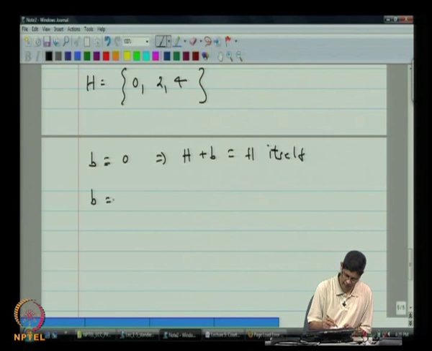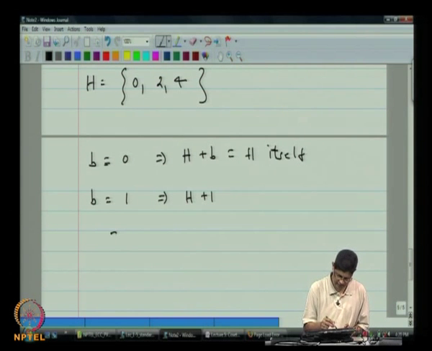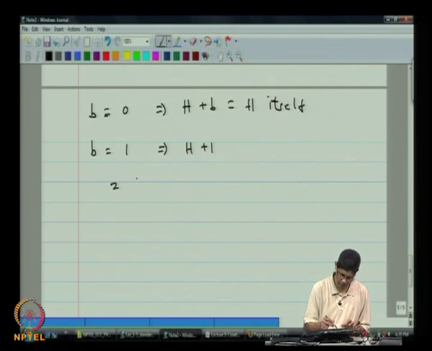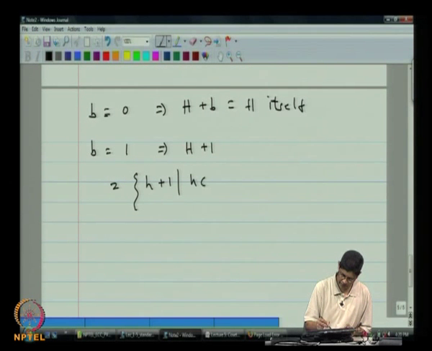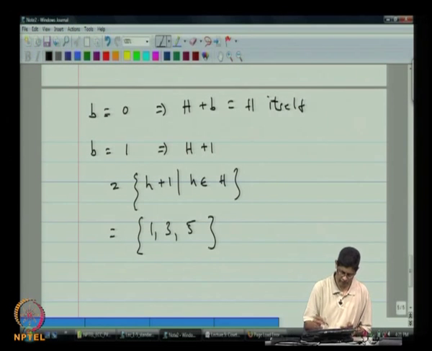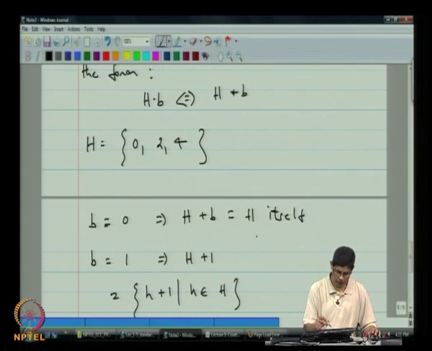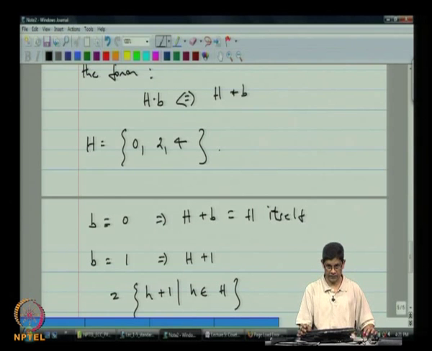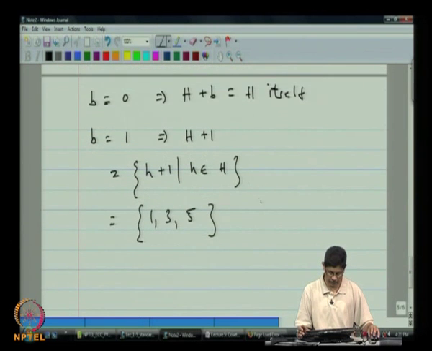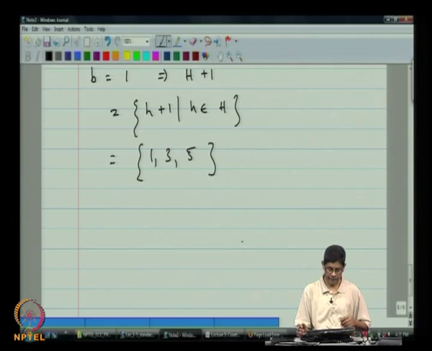If you set B equal to 1, then H plus 1, remember that this is the set of all elements of the form h plus 1, where h belongs to H. So this is nothing but the set {1, 3, 5}, you might think of this as the odd subset. So we started out with one equivalence class being H itself, which is the even subset, and another equivalence class being the odd subset.